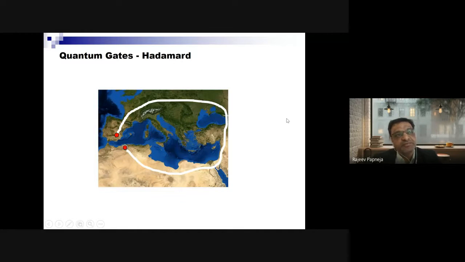That's what a classical computer does. It lets you go like this all the way using zeros and ones, zeros and ones. This is the way you go. You use AND gate, OR gate, NOR gate, XOR gate, NAND gate, all those gates, and you take this path. But if you had a boat or a ship, you could directly go over the water from here to the other end.